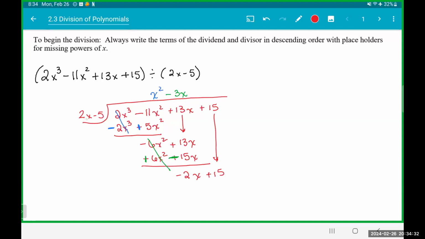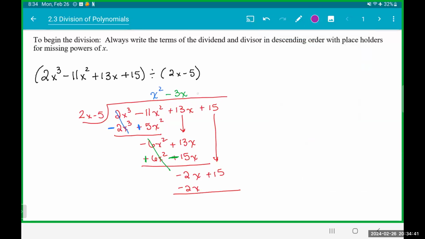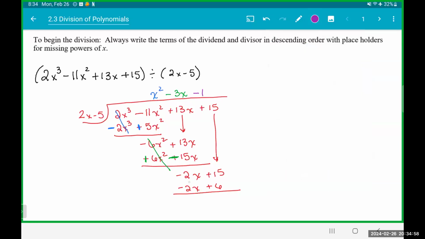And so I have negative 2x. What do I multiply it by to give me negative 2x? I need to multiply this here then by a negative 1. Negative 1 times 2x gives me negative 2x. Negative 1 times negative 5 gives me a positive 5. I need to see that these terms go away because I'm going to change the sign of each of these.